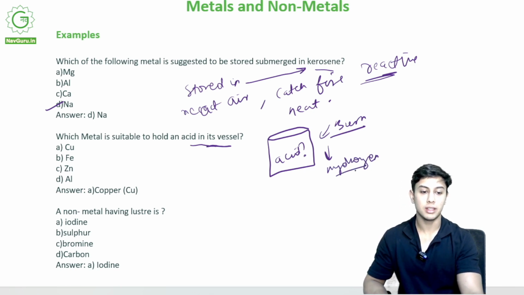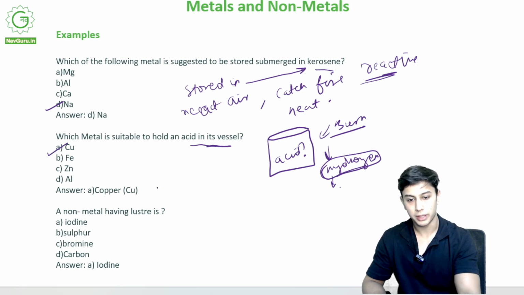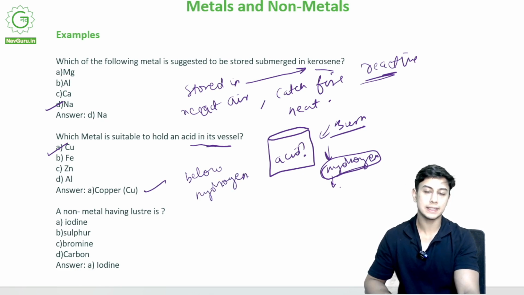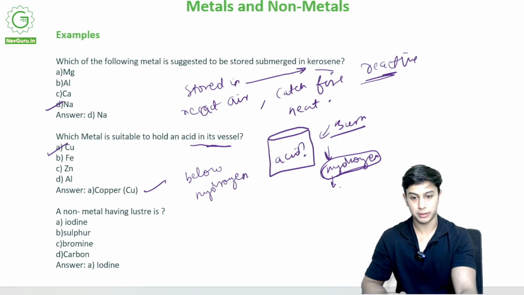Acids have hydrogen. If I have a metal that is below hydrogen, it will not react with acid and hydrogen will not come out. It will not form a compound. This is Cu, copper. Copper ranks below hydrogen. It is less reactive. One of the least reactive metals out there is copper.